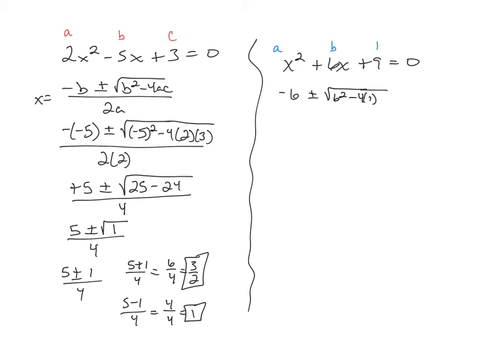A is 1. C is 9. 2, and then A is 1. So negative 6 plus or minus 6 squared is 36 minus 4 times 1 times 9. 4 times 1 is 4. 4 times 9 is 36.